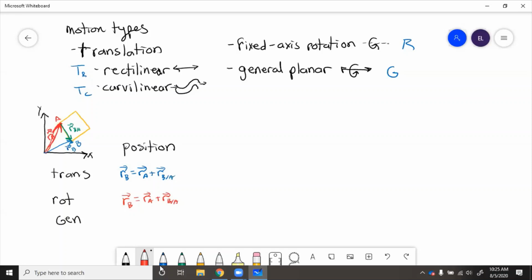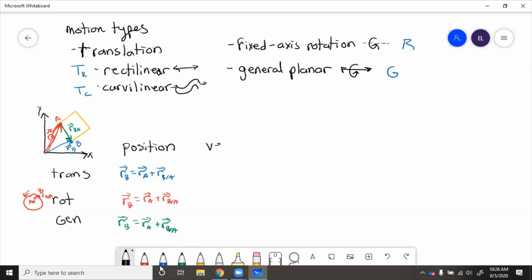Now, if it's fixed axis rotation, then usually RA is at the origin. So that's 0, and you just have RB with respect to A. Rotation being something like this would be B, this would be A. So RB with respect to A. And then for general planar motion, same thing, RB equals RA plus RB with respect to A.